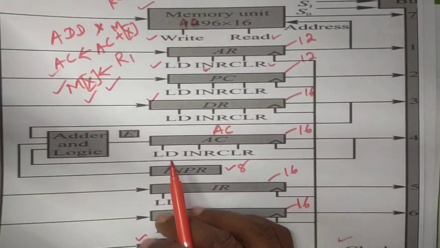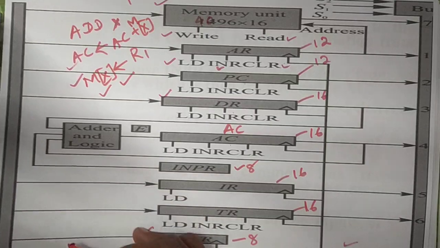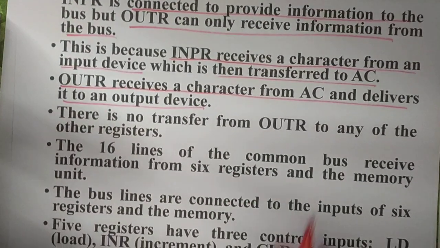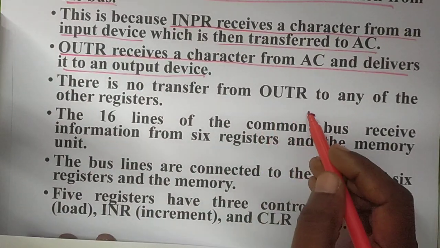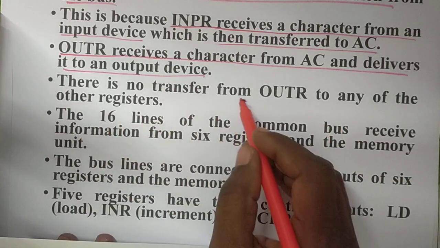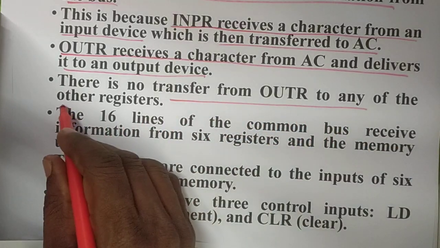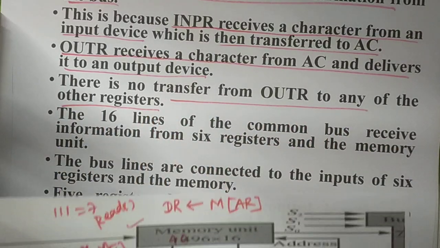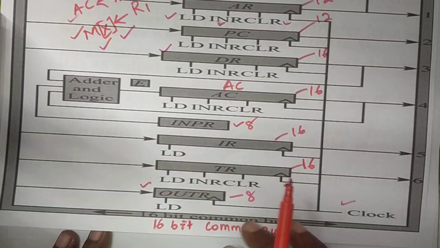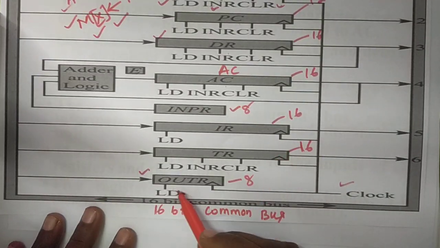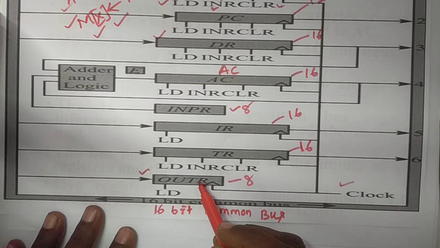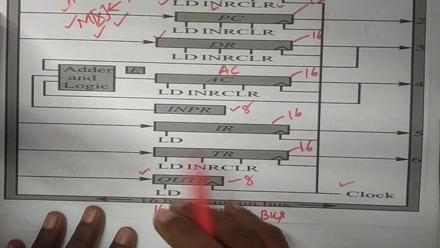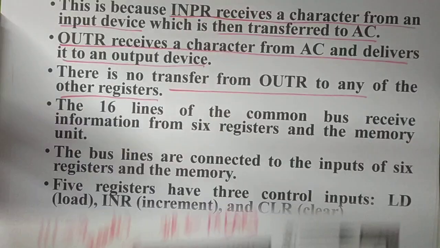The output register receives the data from the common bus. There is no data transfer from the output register to any other register; it only receives the data from the common bus and displays it.